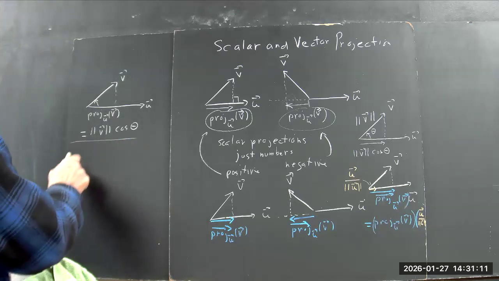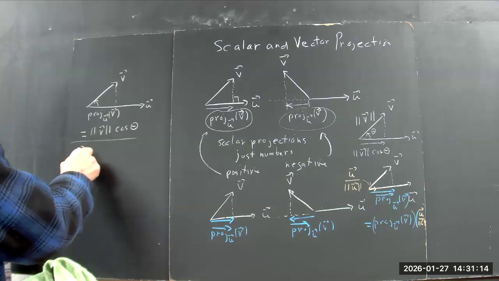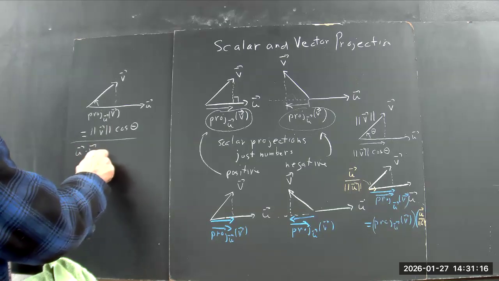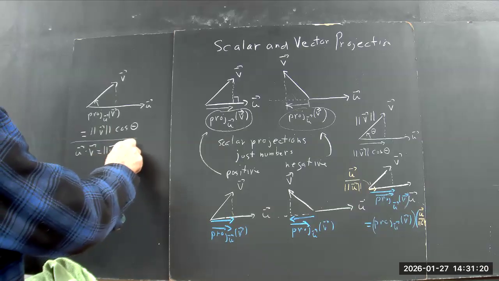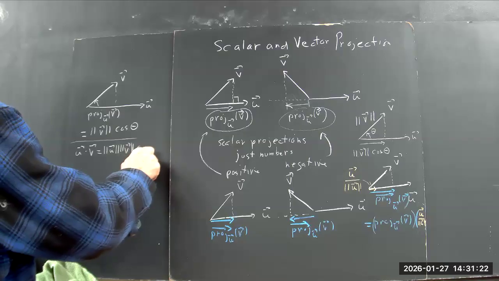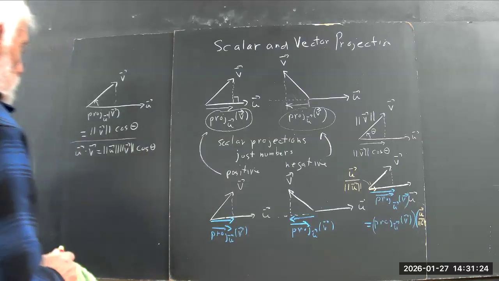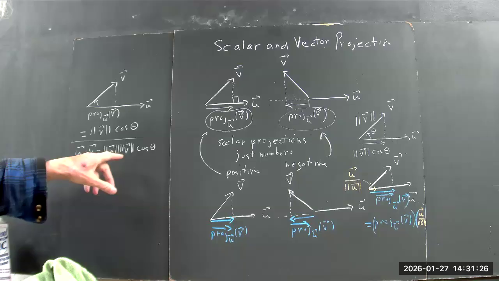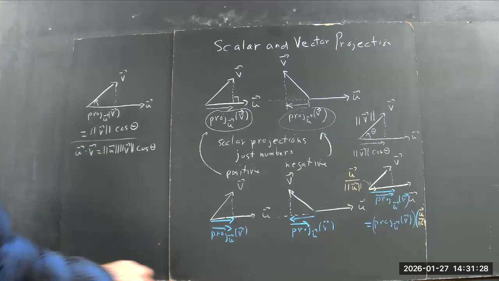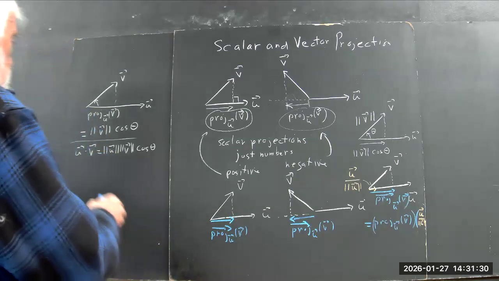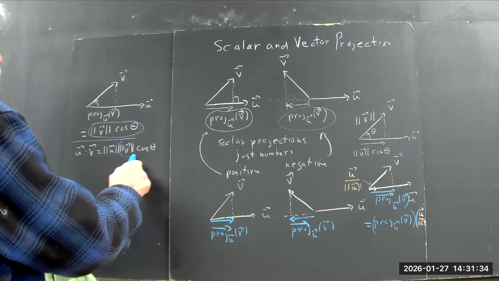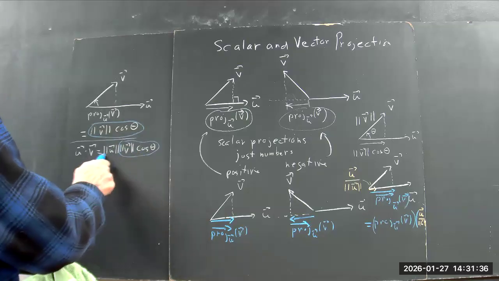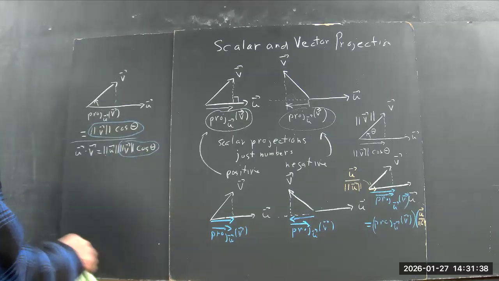Note that the dot product is defined to be magnitude of U times the magnitude of V times the cosine of theta. And right here, this expression, magnitude of V cosine theta, is right here in the definition of U dot V.